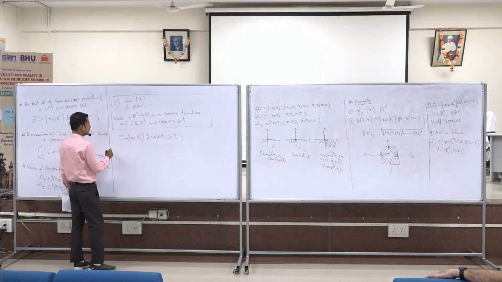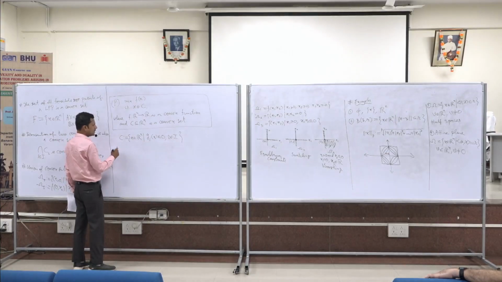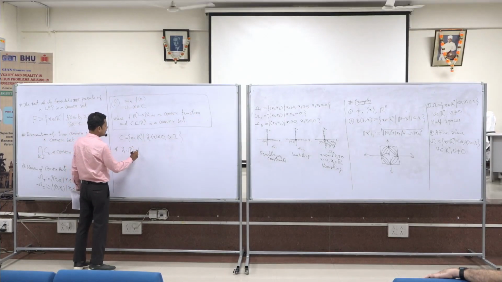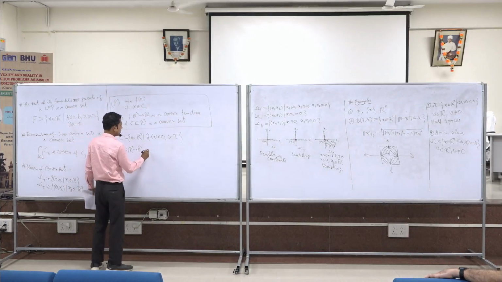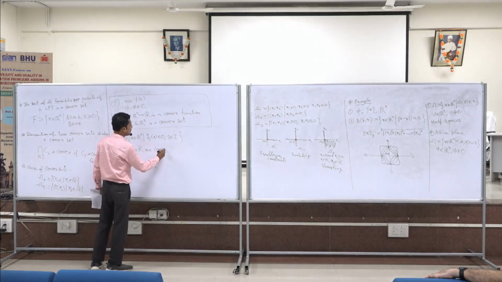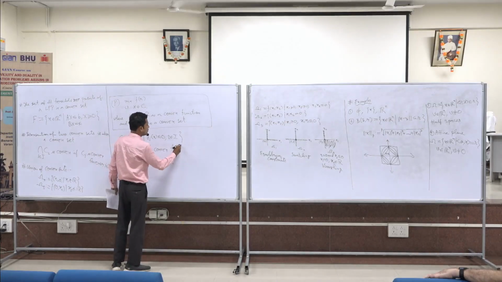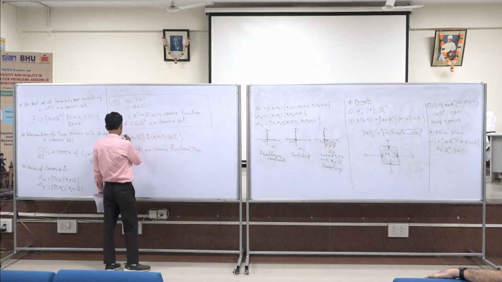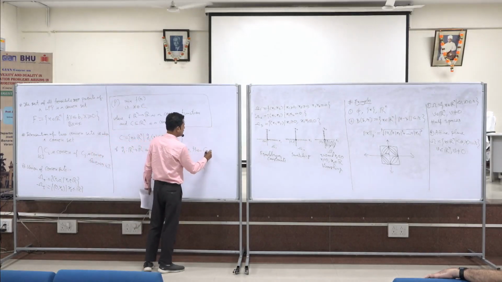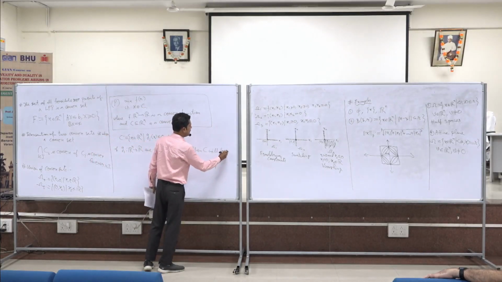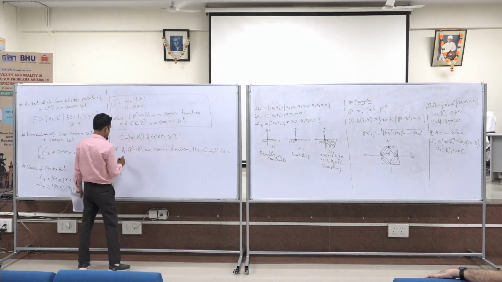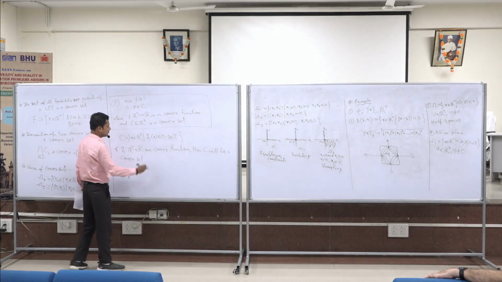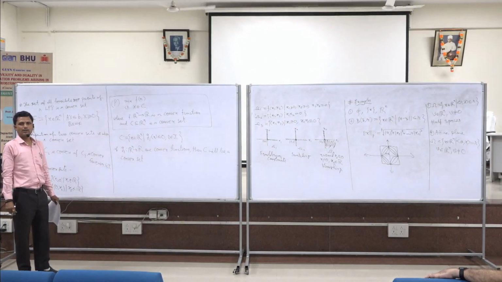If these gi, which are from Rn to R, are convex functions, then this set C will be a convex set.